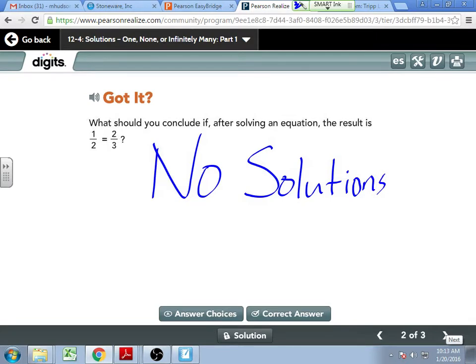And we either write none or no solutions. Do not write 0 because you might think that 0 is your solution. Because sometimes 0 is your answer. Oh, the empty set? You mean that? Yes. So you can put the empty set symbol to represent that there is not an answer that exists. Good question.